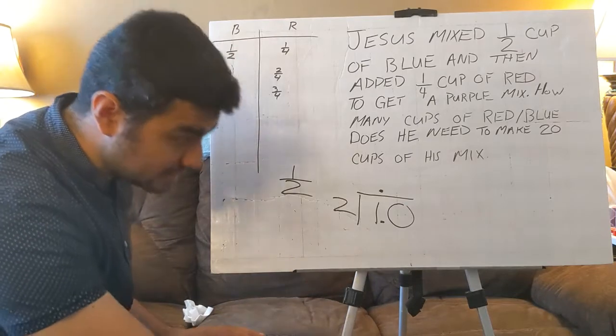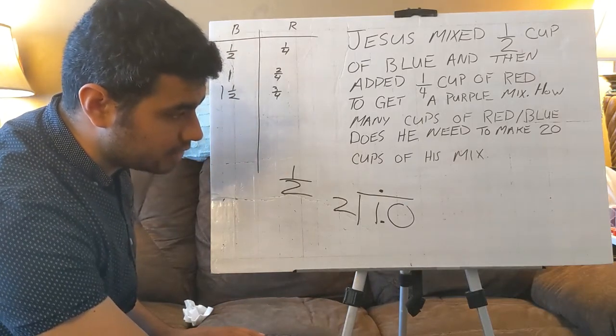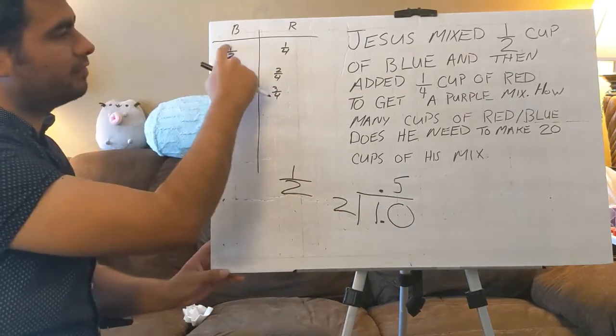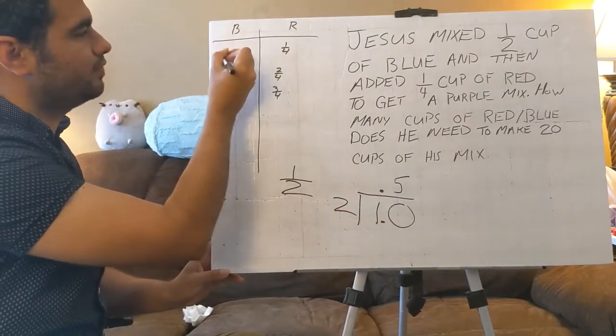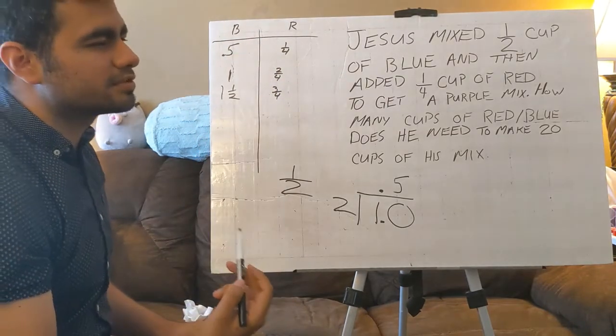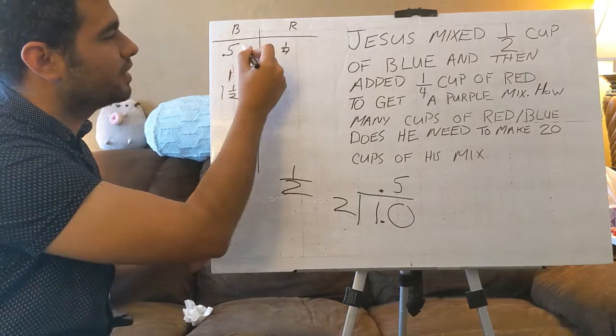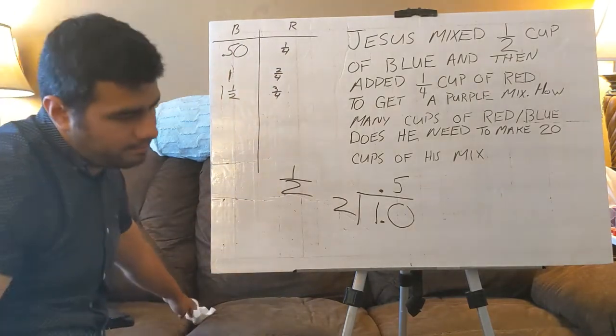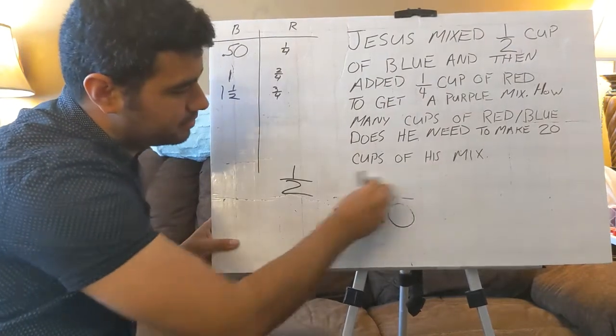Add a 0. 2 does go into 10. That goes in 5 times. So instead of 1/2, I can call this 0.5. For just the sake of clarity, we're going to make this 0.50. Okay? Now, we're going to clean this up a little bit.